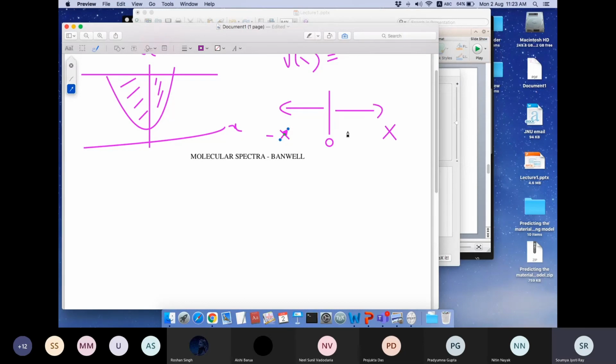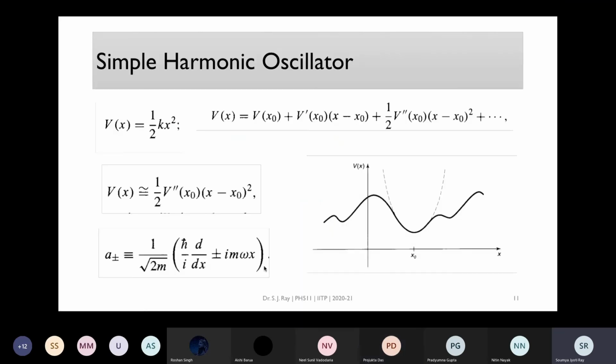This is harmonicity, which means it will move by exactly the same amount on both sides of the equilibrium. But if it is anharmonic, then it will probably move a little bit higher on this side and a little bit less on this side. So it will not be symmetric around this point anymore. Is that clear? Yes, it's clear. So any question, anything else on this?